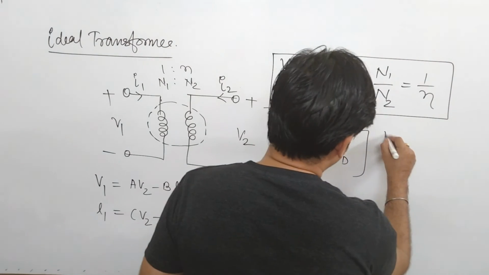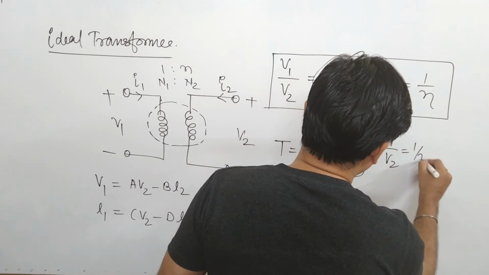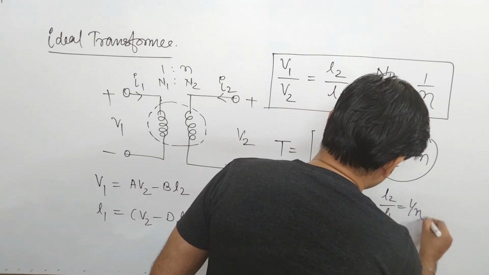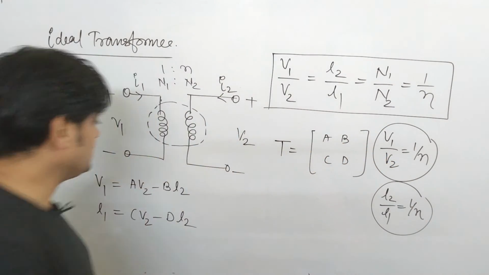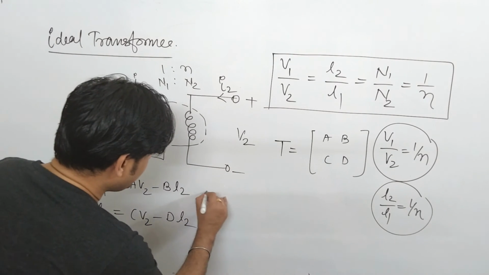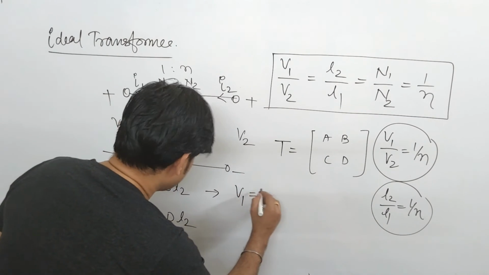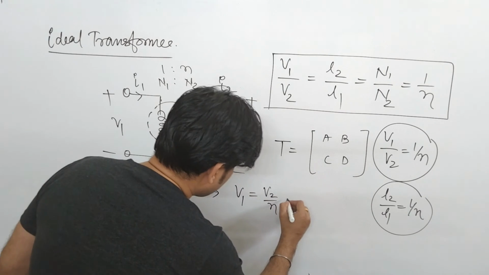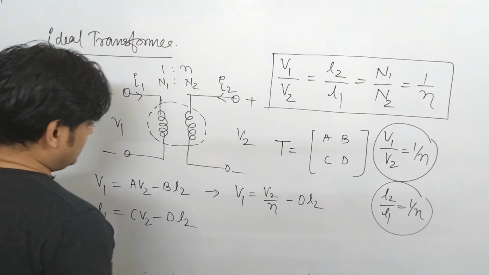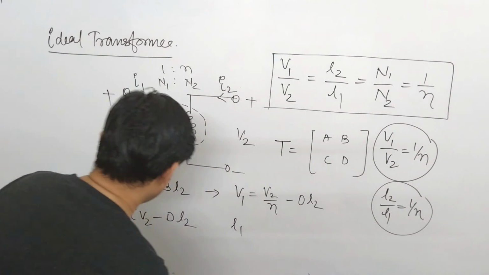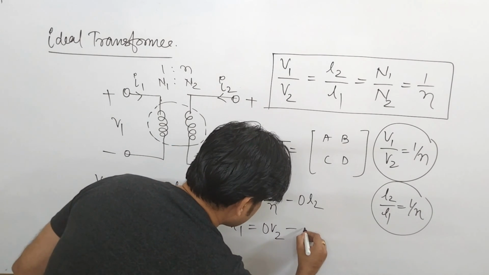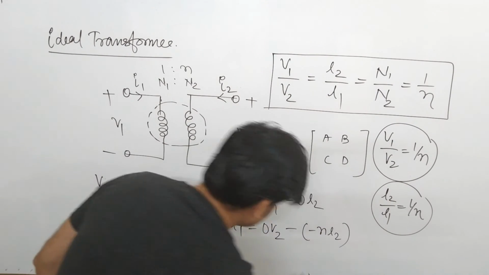So if you rearrange these equations with the help of this equation, you can easily get the answer. If I compare V1 upon V2 as 1 by N and I2 upon I1 as 1 by N, can I rearrange this equation in this form? Yes, I can. So I should write V1 is equal to V2 by N minus of 0 into I2, and I1 is equal to 0 V2 minus of N I2.